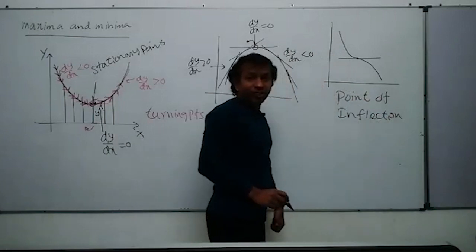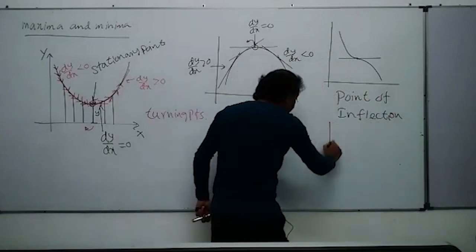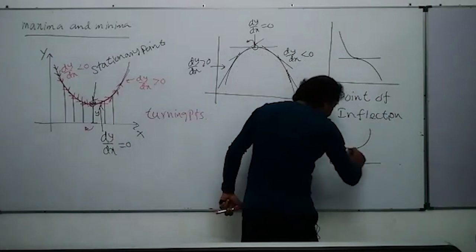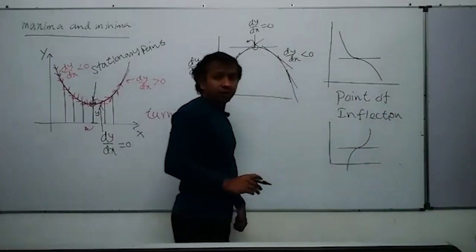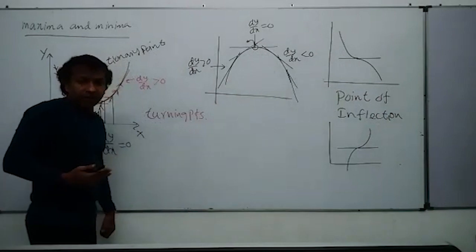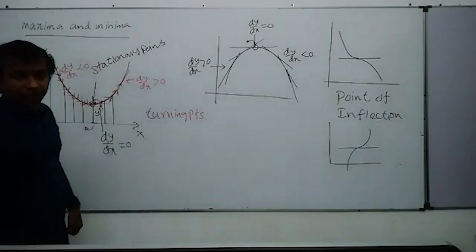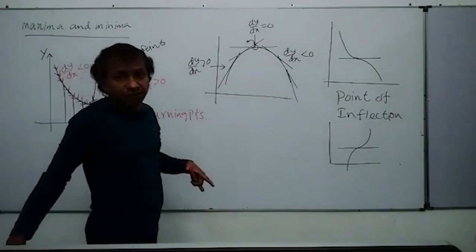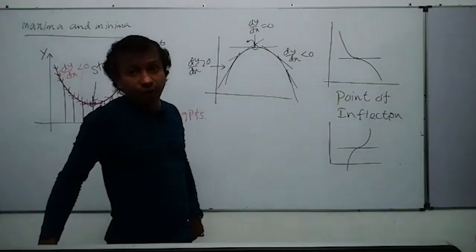Another kind of point of inflection you can see is when we erase other portions like this. But the real definition of the point of inflection is not this. This is a point of inflection with a stationary point.